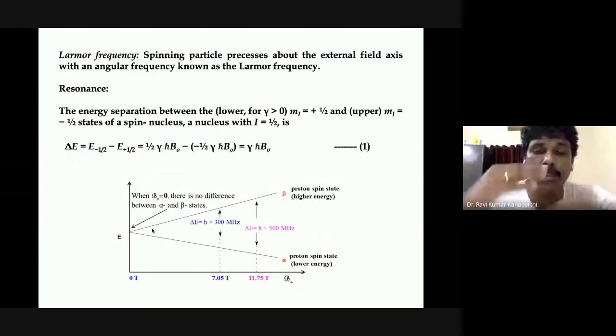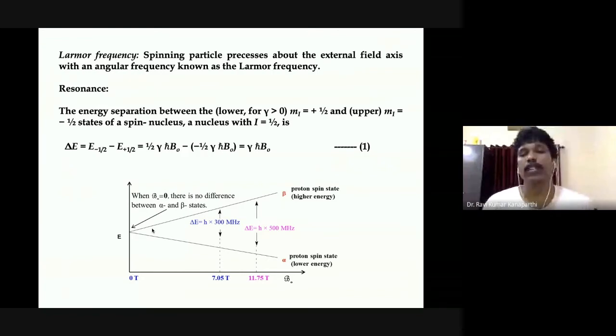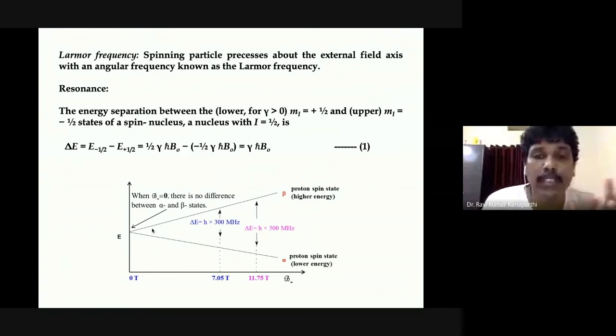How many transitions are possible between these two states? Definitely only one transition is possible. Therefore, this spectroscopy is much simpler.